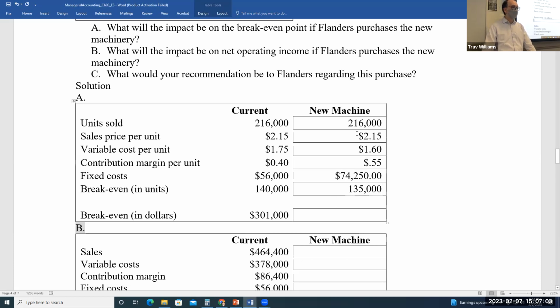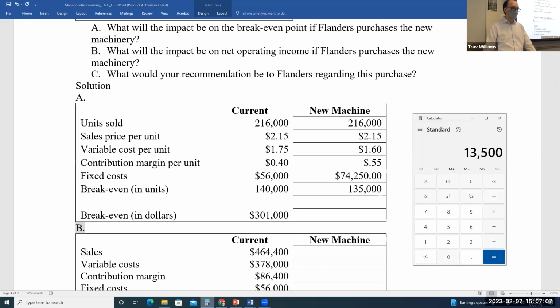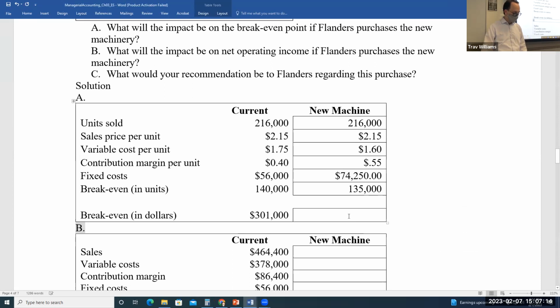Then we could just multiply that by the sales price per unit. And our break even in dollars is 290,250. Of course, I want to check that. We check that by dividing fixed cost by contribution margin ratio, right?